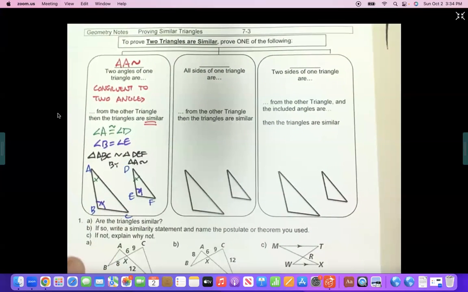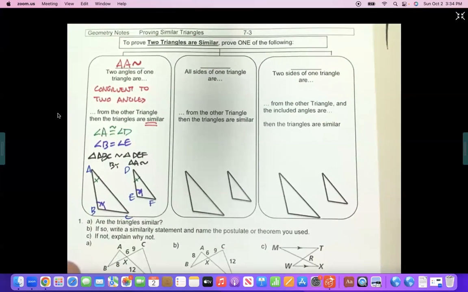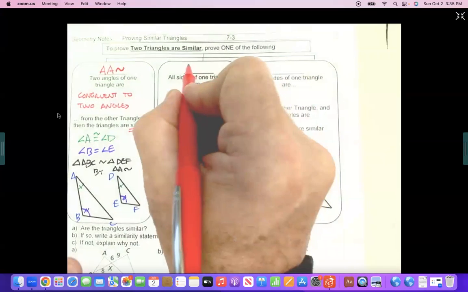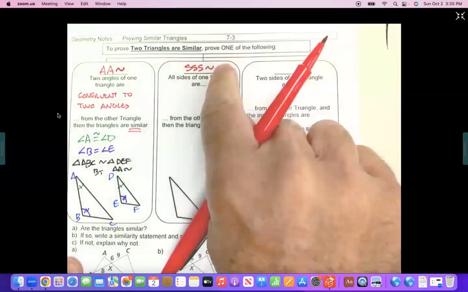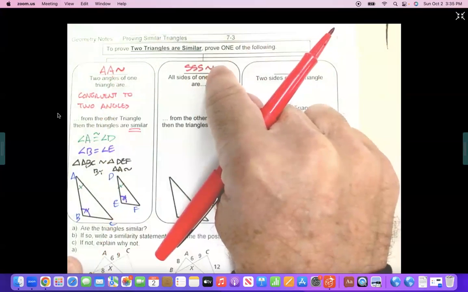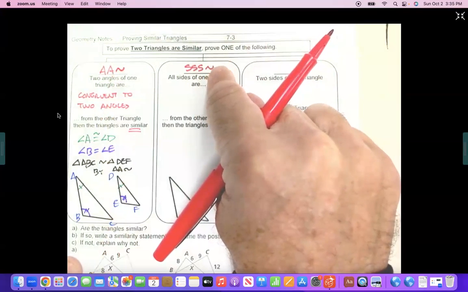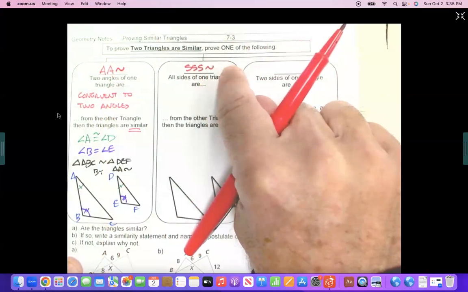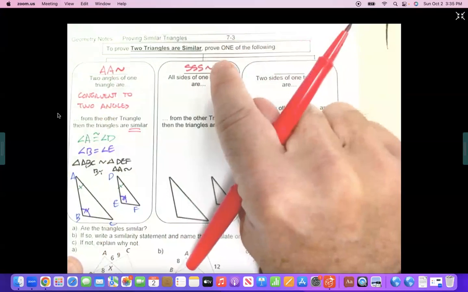Let's take a look at the next way that we show two triangles are similar. This one is called the side-side-side similarity. Again, we add the similarity symbol behind this to distinguish between congruence and similarity. And what does this one say?